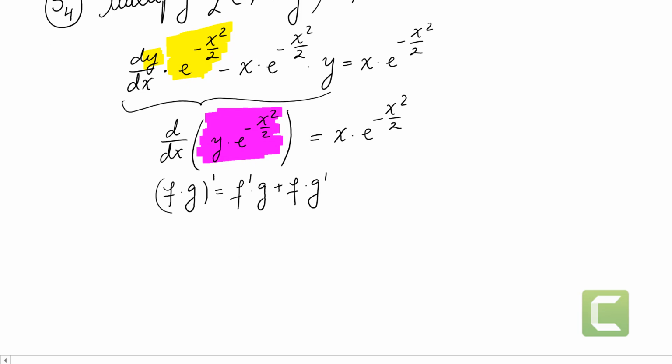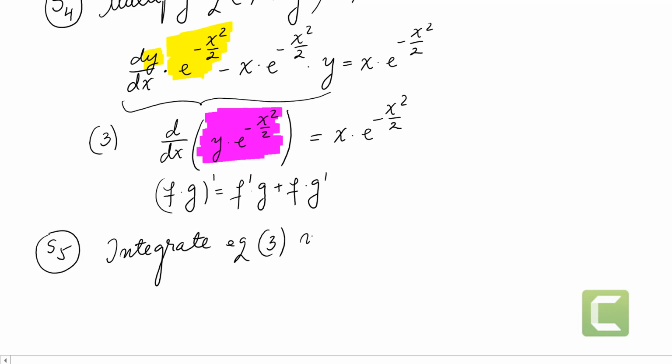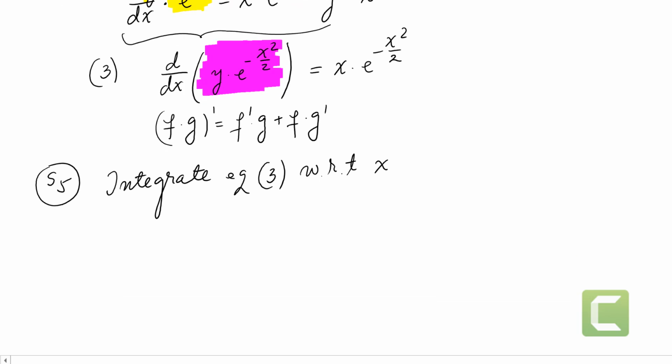The next step, step 5, is integrate equation 3 with respect to x, which is our independent variable. So when we integrate, we get the integral of the derivative, right?